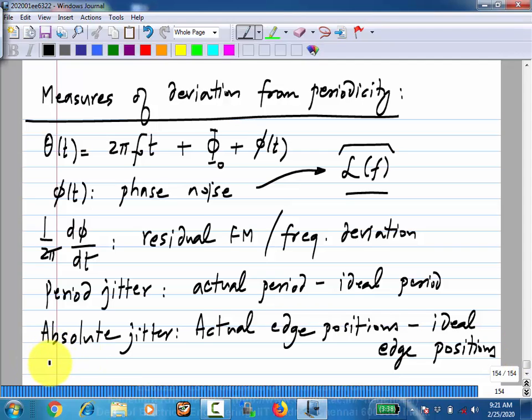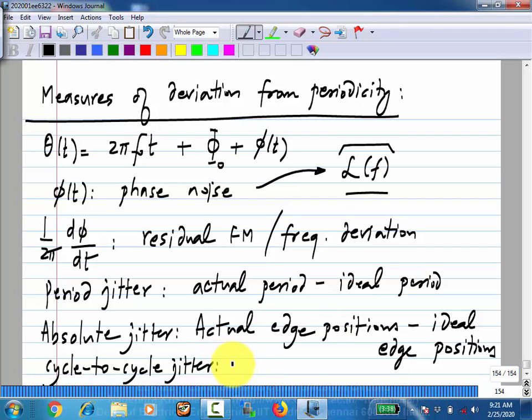And then you also have what is known as cycle to cycle jitter. We'll later see if we can find context to all of these things. These are all describing the same thing. The reason you have so many metrics is some of them make sense to us in some context and some others are more convenient in other contexts and so on.